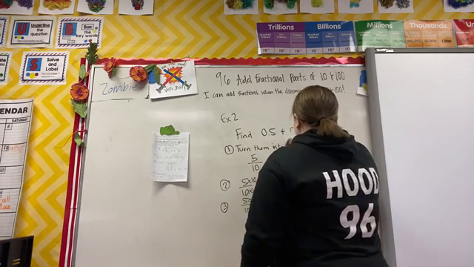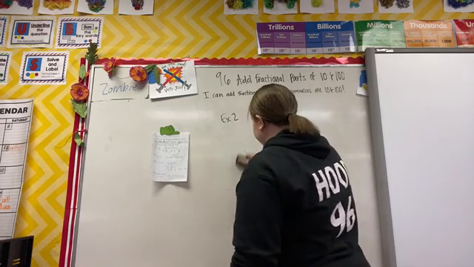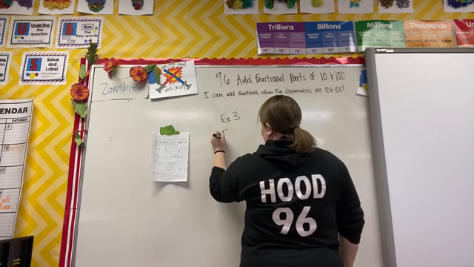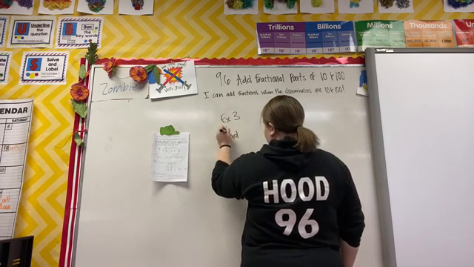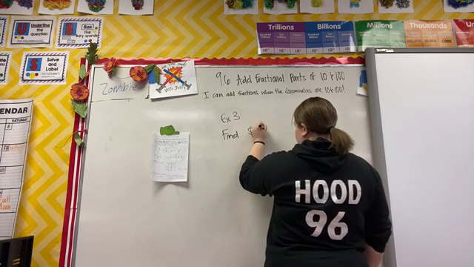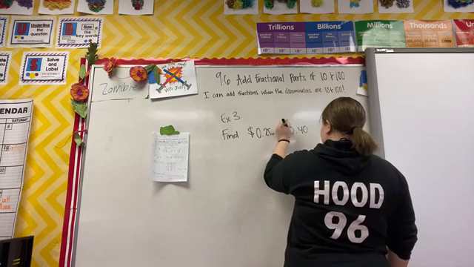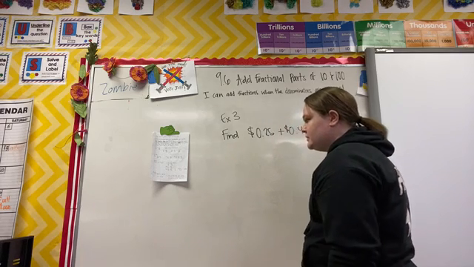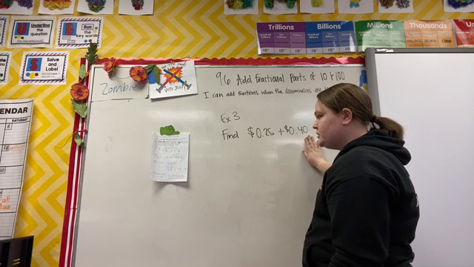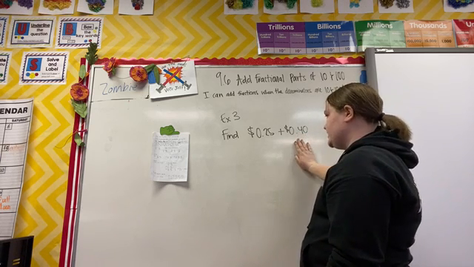All right. Let's do example number 3. Find, here's the money, 25 cents plus 40 cents. When you're in the same place value, you can just go ahead and add these both, but let's turn them into fractions.